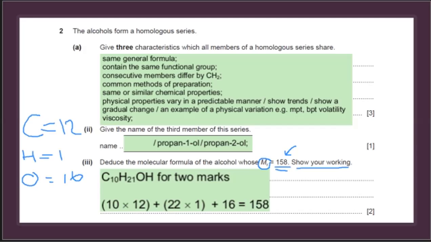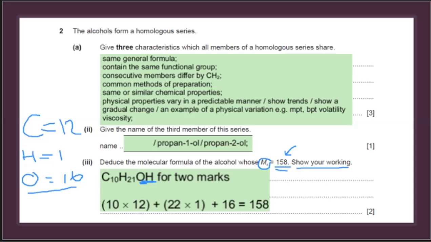How many carbons, hydrogens, and oxygens could go into this structure and give us 158? Now, alcohols only have 1 OH in them, 1 oxygen.